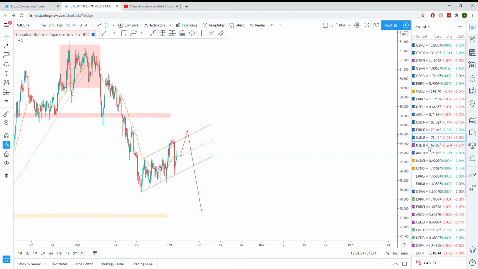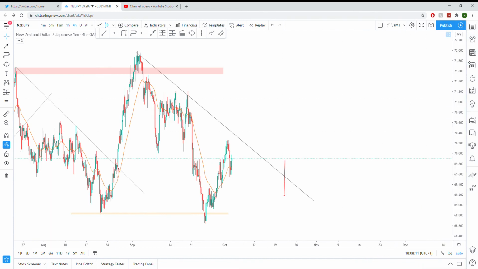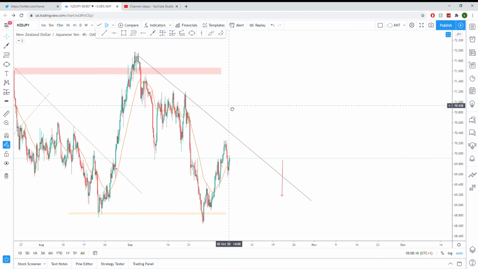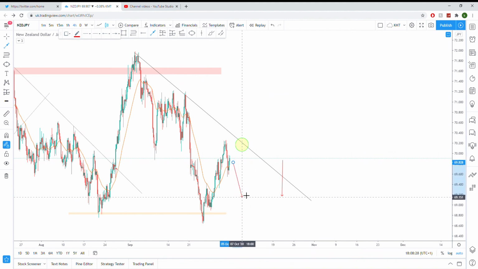Moving on to New Zealand dollar to the Japanese yen. So we can see this downside trend that we've got here. We can keep an eye out for this and see how price reacts to this. But ultimately, I want to see price push one more time to the downside.